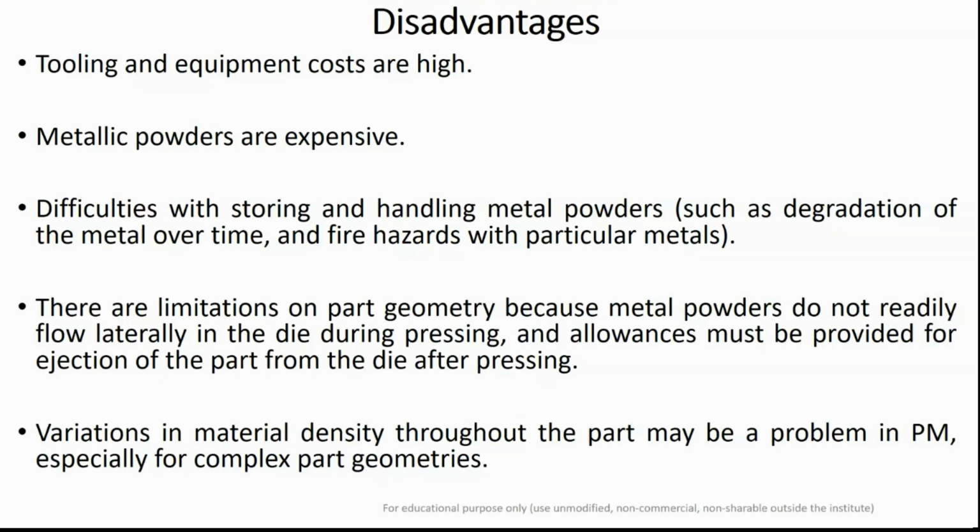Now consider the case that the force will not be effectively transferred from the top portion of the metal powder layer to the bottom portion of this metal powder layer. So the powder which is very close to the punch surface has more density as compared to the powder which is beneath, in the successive layers. So this is the problem with powder metallurgy.